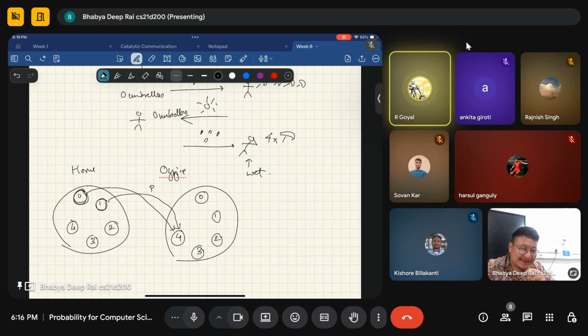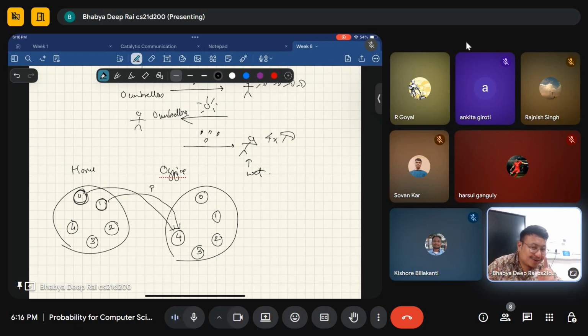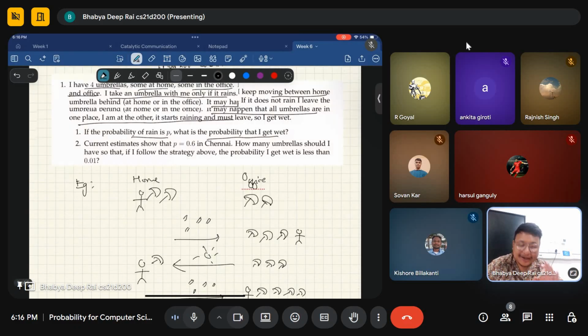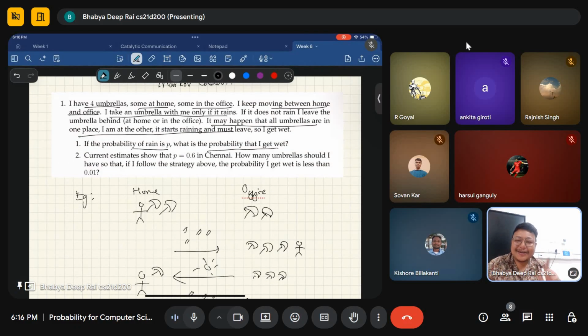And he need not take the umbrella also, right? So there should be one more state. But then he will definitely take the umbrella along, and there is only one possibility when he does not have the umbrella: he is at home and is not having an umbrella. He does not have the option. No, he's not going to carry the umbrella if it is not raining.